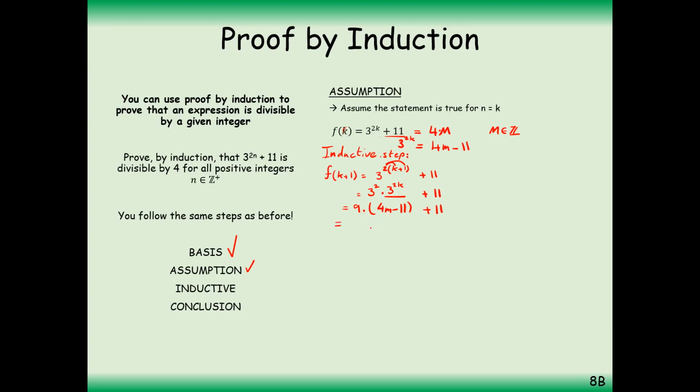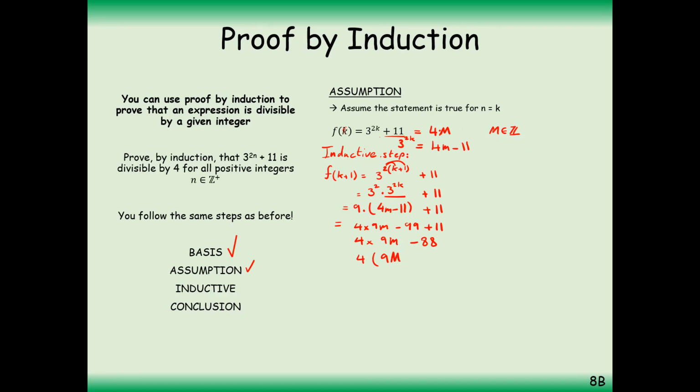Now, upon expanding, I'm not going to actually write 9 times 4 is 36. I'm going to swap 4 and 9 around and just write 4 times 9m minus 99 plus 11. Now, I've expanded the brackets on the line above, and we can now clearly see that negative 99 plus 11 makes a negative 88. And now we can factor a 4 out of 88 and the other term at the front and write 4 multiplied by 9m.